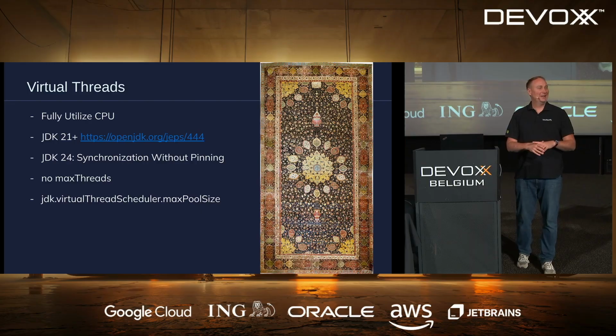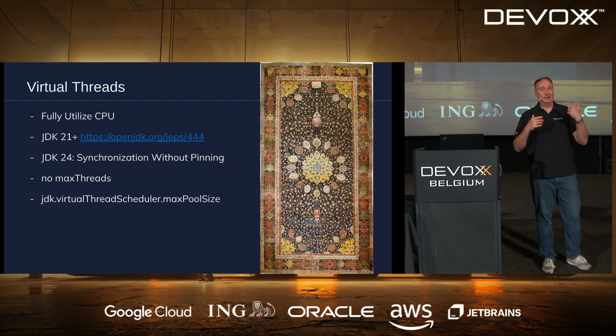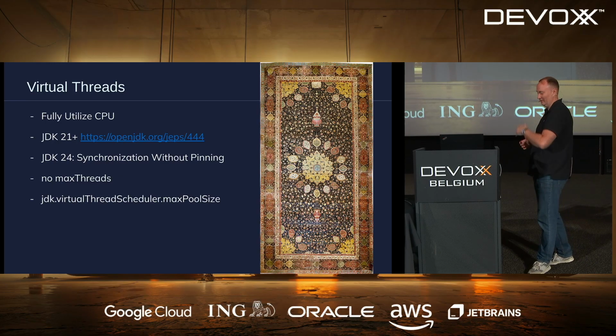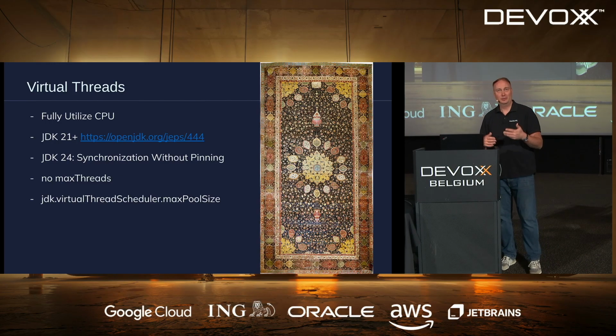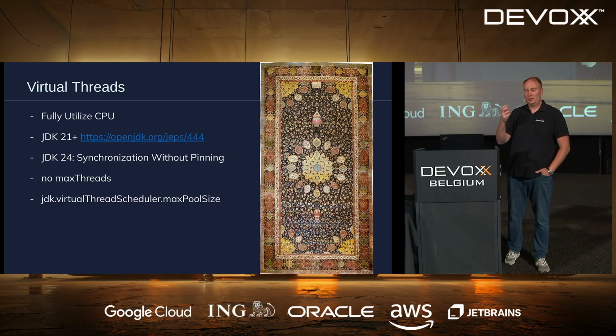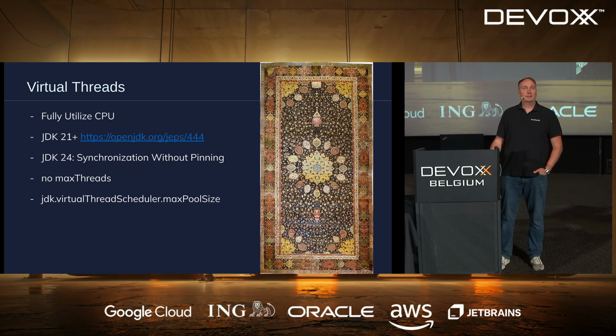Well, in fact, some JDKs exist that try to do it automatically, but the framework does that for you. At least for some parts, for example, for incoming connections, when you handle them, you can ask your framework to use a different thread pool that will use virtual threads instead of platform threads.